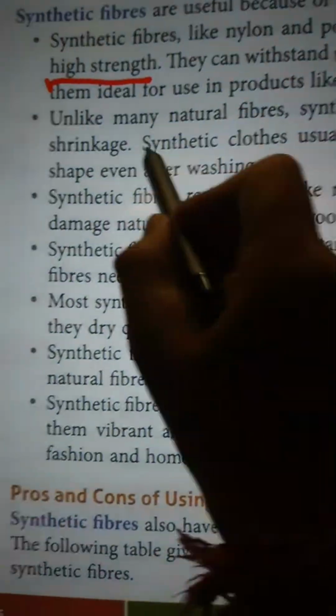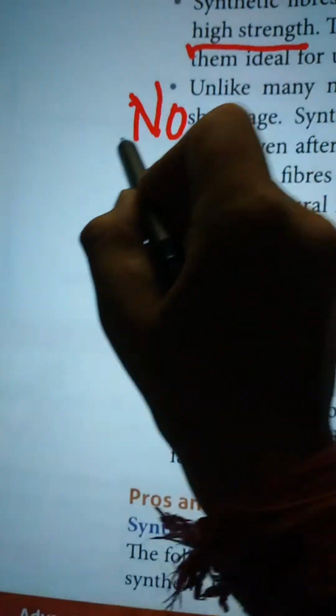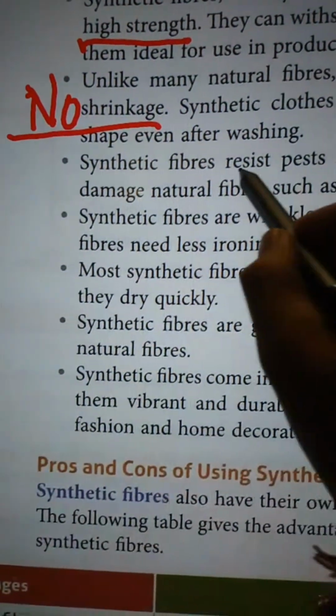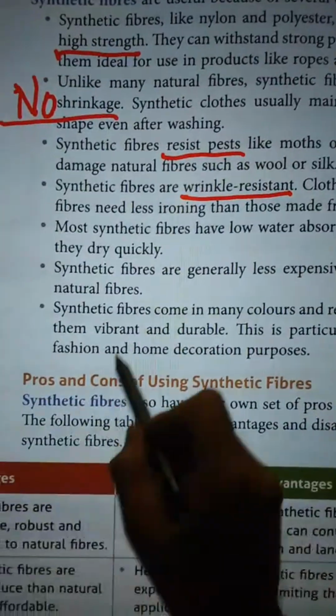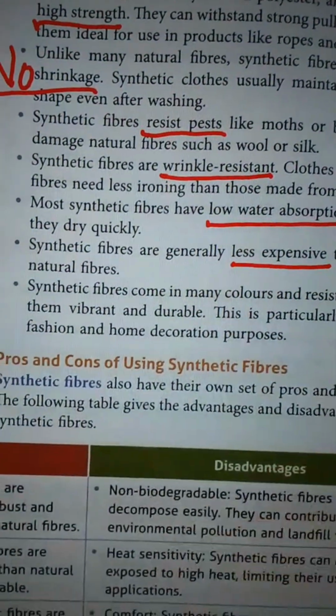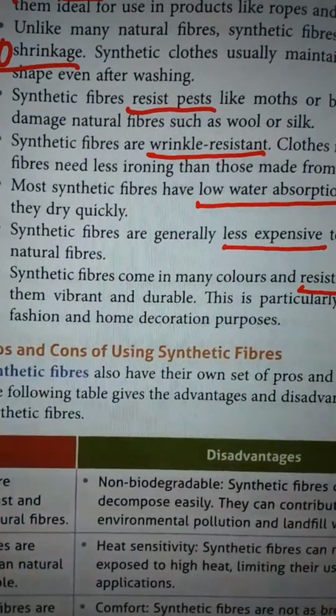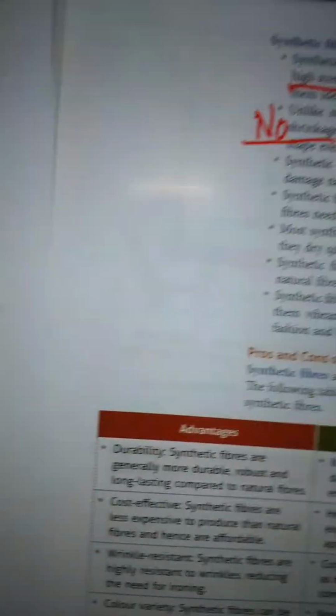They do not shrink. They have no shrinkage, resist pests, wrinkle resistant, low water absorption, less expensive, and resist fading. These are the uses. So what are they?